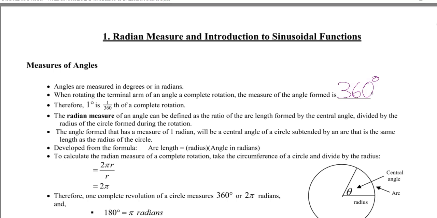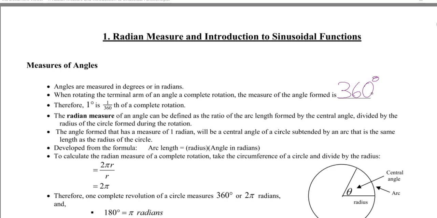D was for degrees, R was for radians, which we're about to do today, and G was for grads or something, and there's 400 of them in a circle. The military uses mils, and there's 6,400 of them in a circle. So it's a much finer measurement, but we're going to use radians.